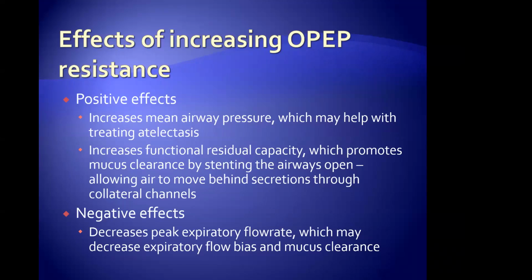So it increases mean airway pressure, which may help in treating atelectasis. We have a whole host of things we can do. Here I'm treating atelectasis. It increases FRC, which promotes mucus clearance by stenting the airways open, allowing airflow to move behind the secretions through the collateral channels. That's a plus. Those are all good things.